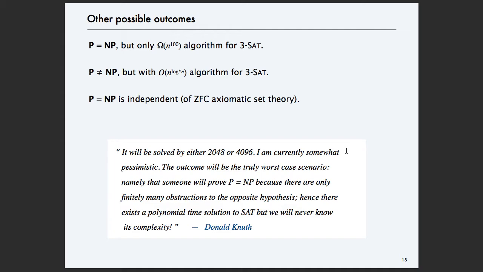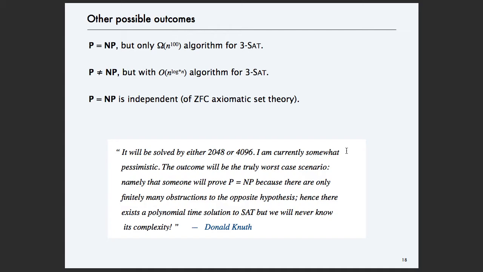Now, there are possibilities that don't seem that cool. Maybe P is equal to NP, but you have some other stuff that's still impractical. Maybe there is an order of n to the 100 or n to the 1000, and then, yeah, it's polynomial, I feel better about myself, but I'm still not going to solve it.